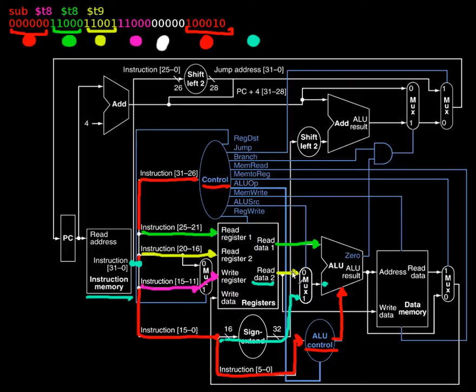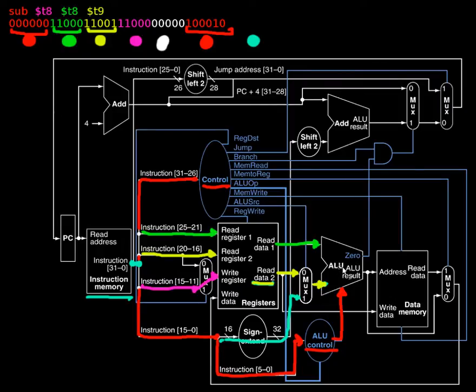So these two lines come here. We obviously want read data 2 to come here rather than the instruction bits 15 to 0. So the ALU source is set to 0, and this yellow one gets passed to the ALU.